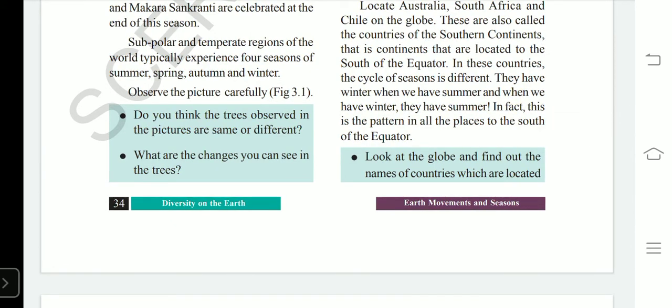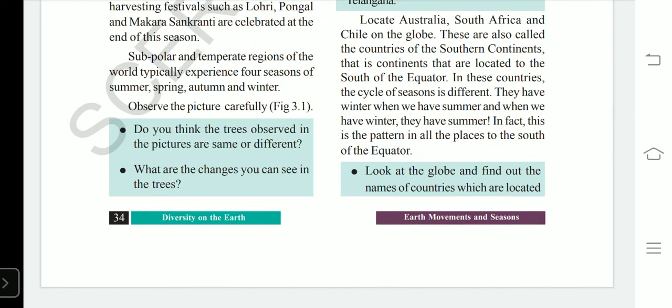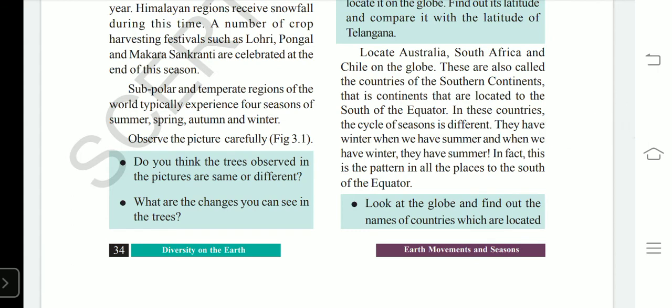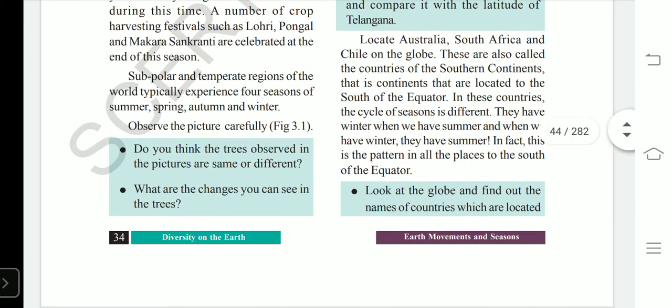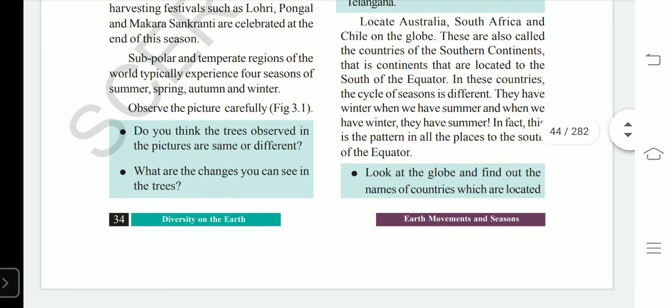So there are some factors which influence the seasons. Dear students, human beings for thousands of years have been working on identifying the reasons for the change of seasons. In their experience, they have identified some reasons that we call factors of seasons, factors which affect the seasons.